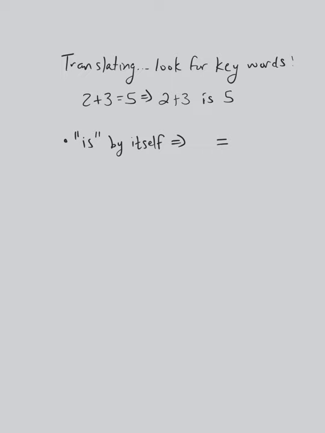Now, for the others, we've got to think about the individual operations and talk about keywords for some of the operations. All right, so let's think about some of the keywords whenever we're adding. So a lot of us know we say something plus something else. So plus is a keyword. All right, a more formal kind of word for adding is to do a sum. Okay, sometimes people use the word total.